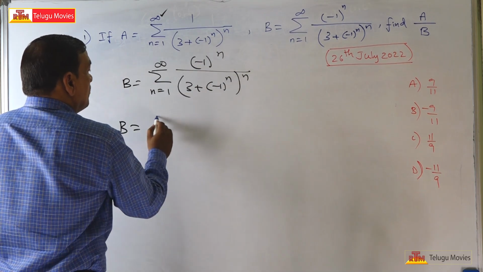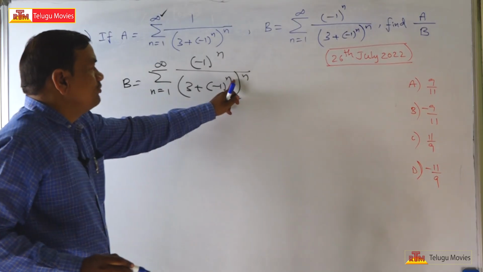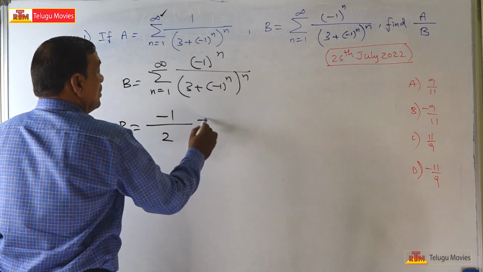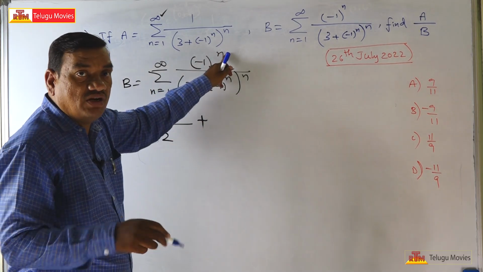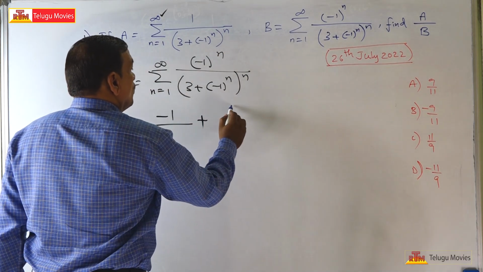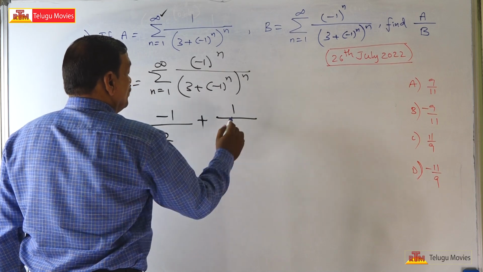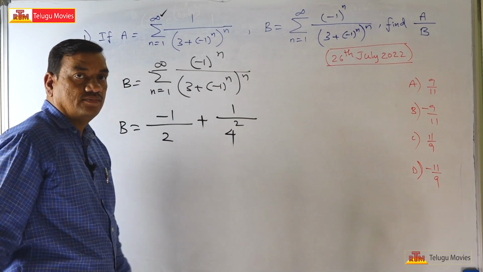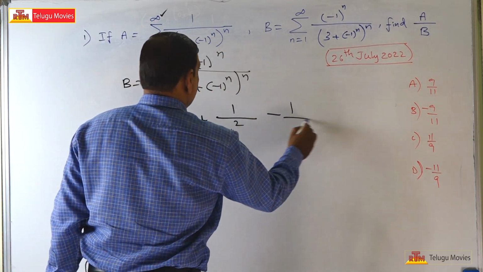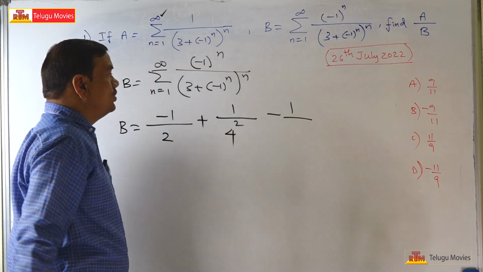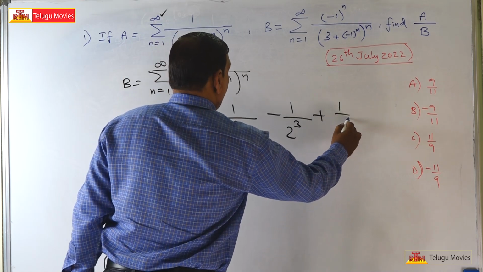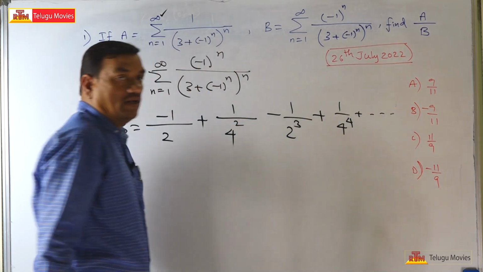You will get here minus 1 by, if you substitute here 1, minus will come. So, this is equal to 3 minus 1, 2. Plus, if you substitute 2, it will become positive. So, this positive will become, this is equal to 1 by 4 square. Okay, now, next if you substitute n is equal to 3, you will get minus 1 by 3 minus 1, 2 cube, plus 1 by so on infinity.